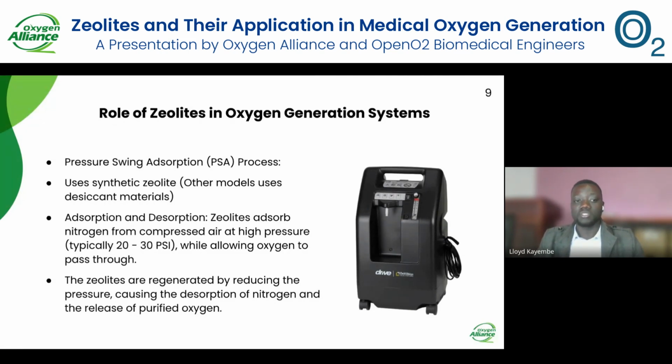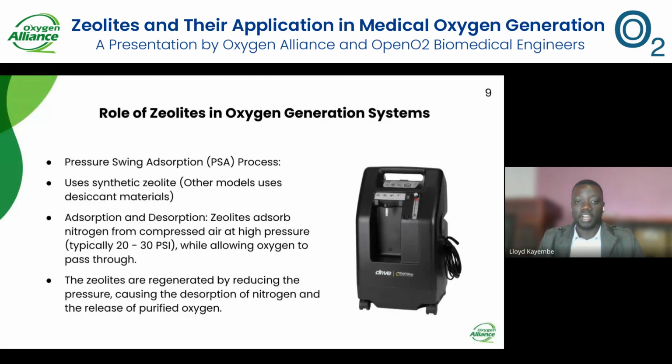These pressures typically range from 20 to 30 psi. Just to take note, some oxygen concentrators use a desiccant material, in addition to the zeolite. They put it on the bottom.